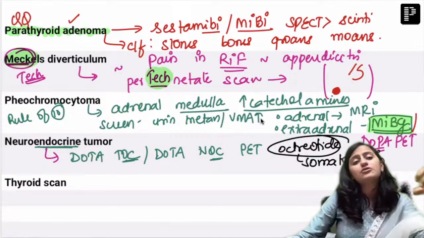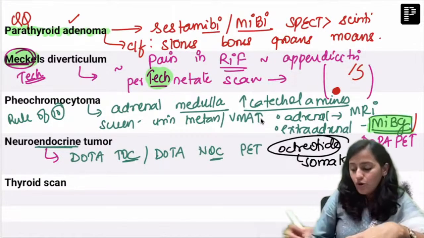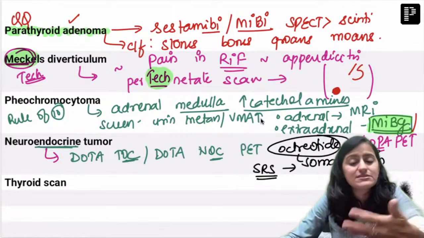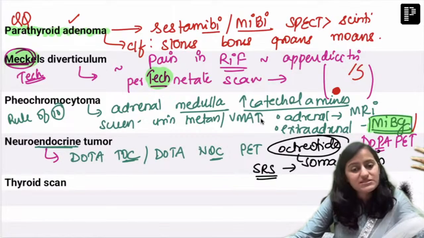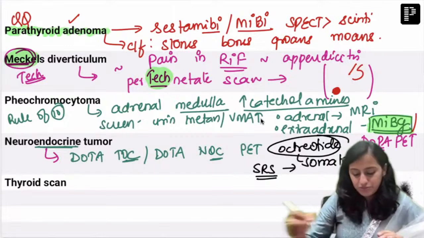So remember it as endocrine, somatostatin, octreotide. Or you have somatostatin receptor scintigraphy, SRS, also. DOTATOC, DOTANOC and SRS are done for neuroendocrine tumor.